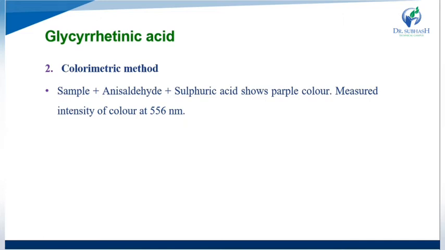First we take the sample, that is our extract of glycyrrhetinic acid, then anisaldehyde and sulfuric acid. All three components are mixed well, and they form the purple color.